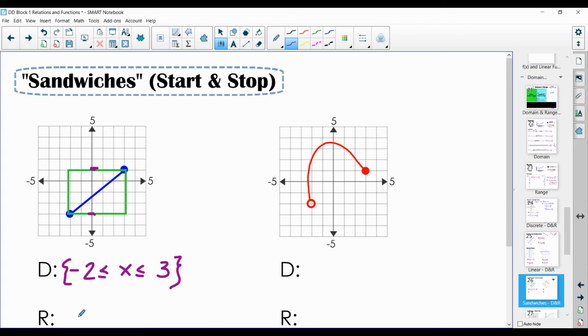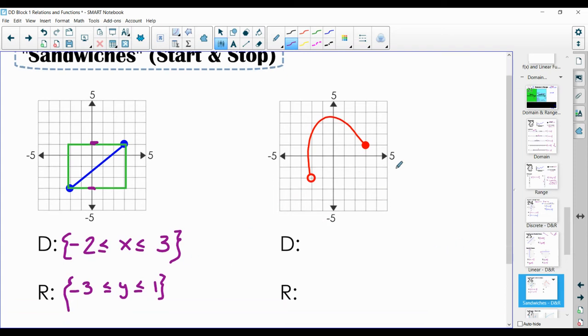So our lowest range value is -3, and y goes in between, and our high value is 1. Once you get comfortable using these, you don't have to necessarily use the bottom and top bound. You'll just be able to write it straight: -3 less than or equal to y less than or equal to 1. All right, let's take a look at the next one here.